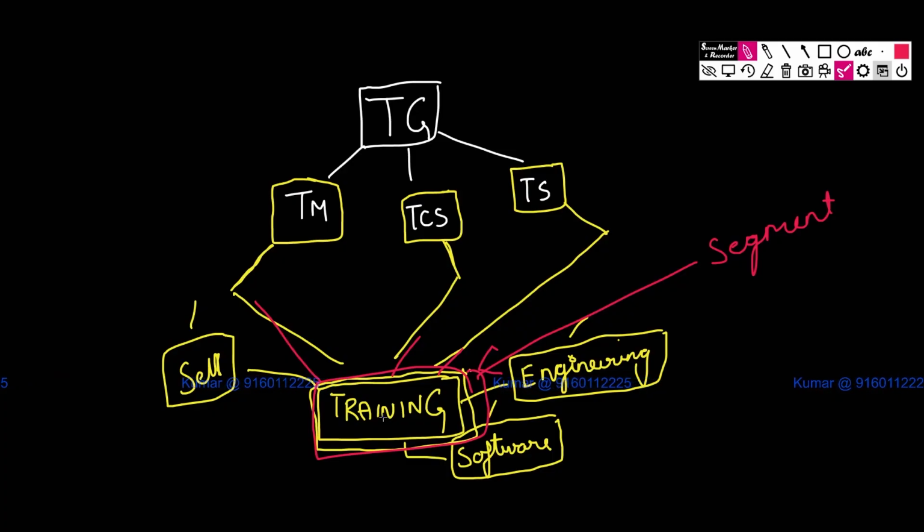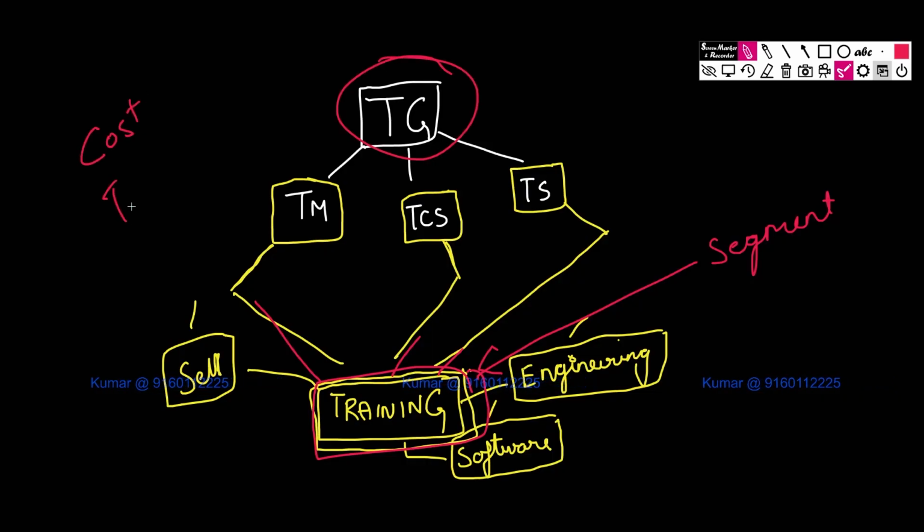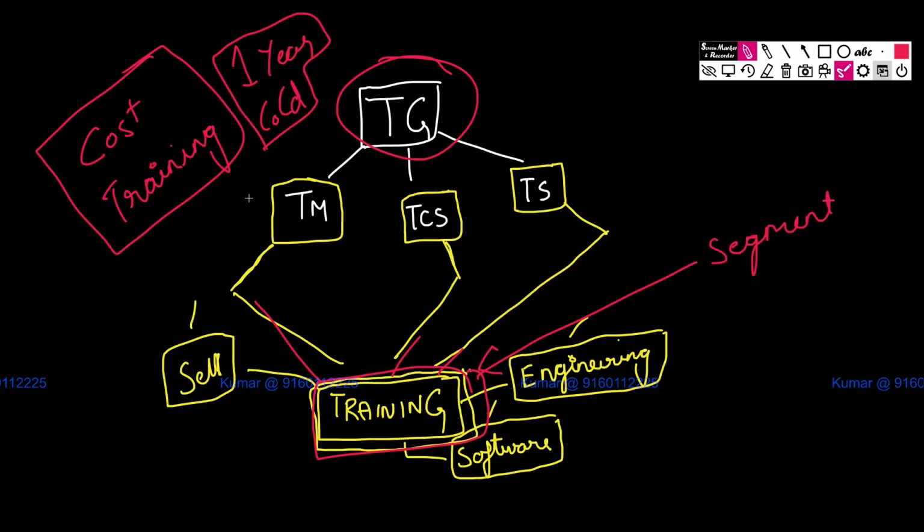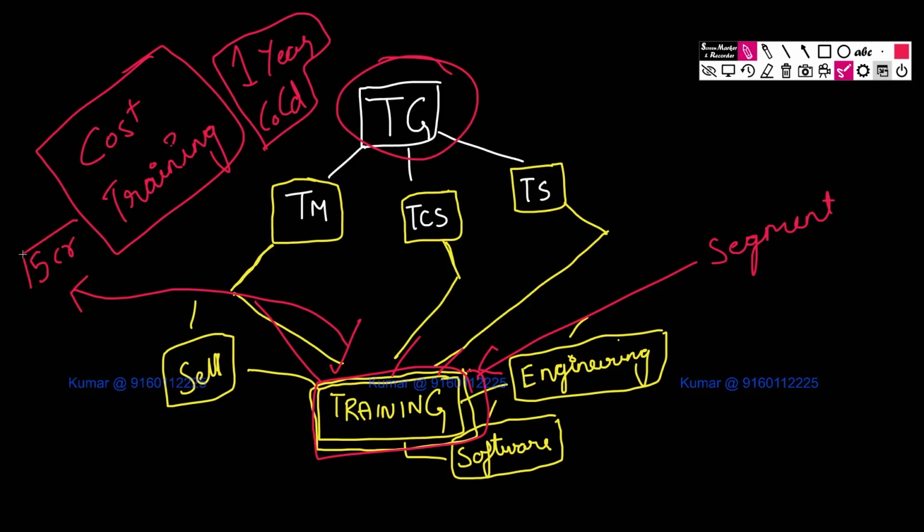If this Tata Group wants to see the cost of training for the entire year, for all the company codes, then they will select this training segment and produce the reports, and they can know that for all the company codes, the training cost for this year became something like 15 crores.